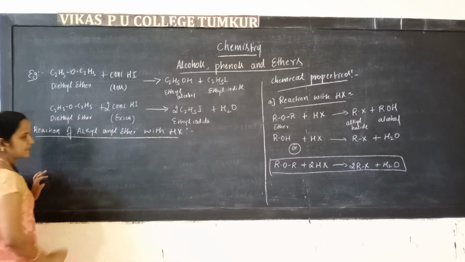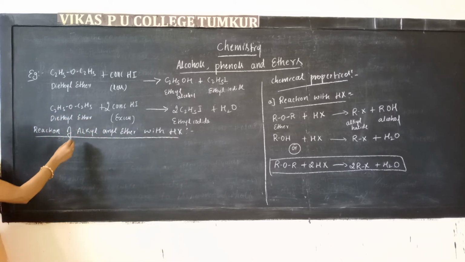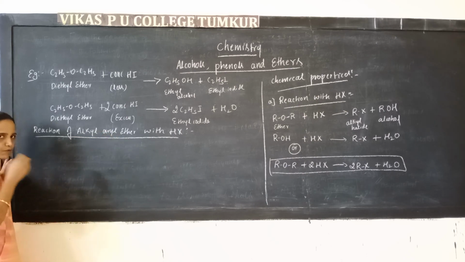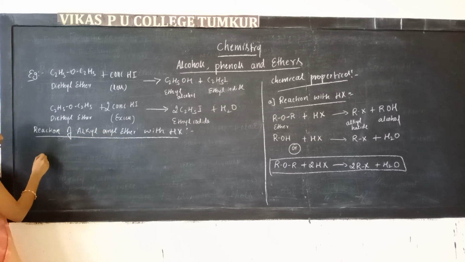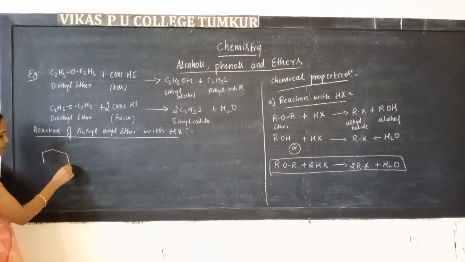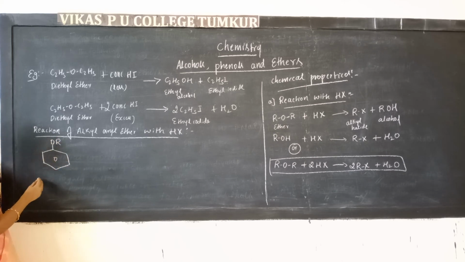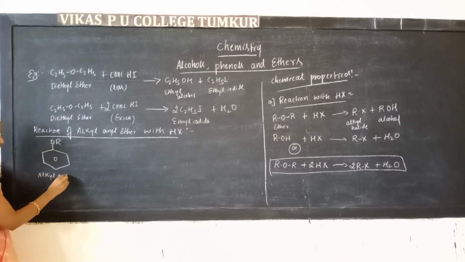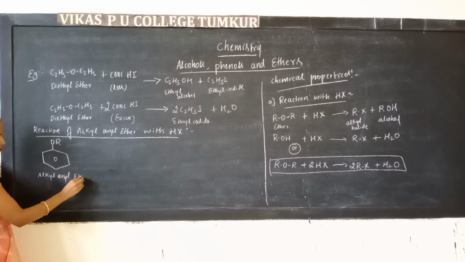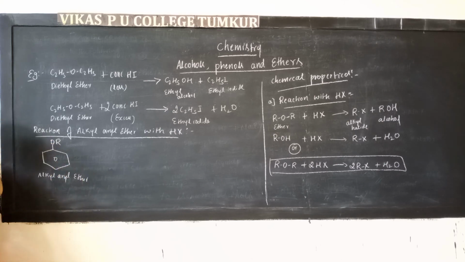You should remember that alkyl and aryl groups both should be there. That we call the alkyl aryl ether. Generally we can represent it like this: this alkyl group, this aryl group together we call alkyl aryl ether.